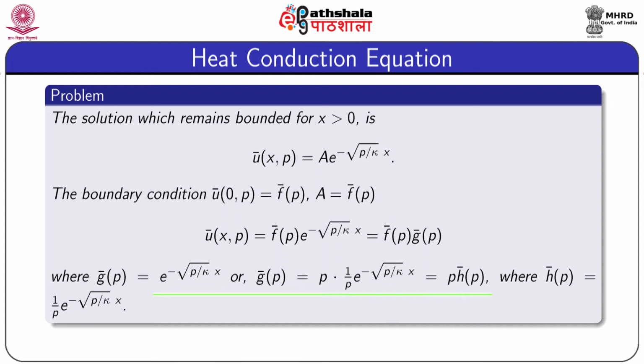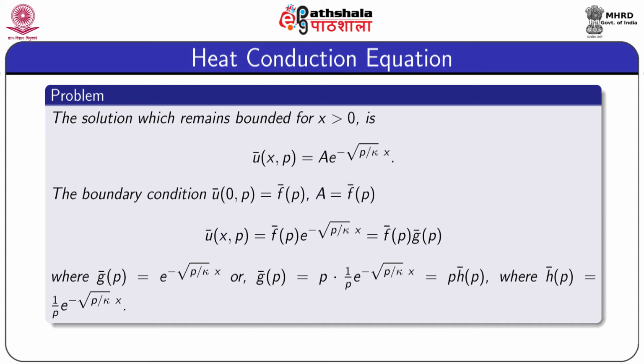Now, to apply the inverse transform to u bar, you can notice that u bar is a product of two functions. So, to get back u as a function of t, we need to apply the convolution theorem. To apply the convolution theorem, we need to know the inverse transformation of f bar as well as the inverse transformation of g bar.